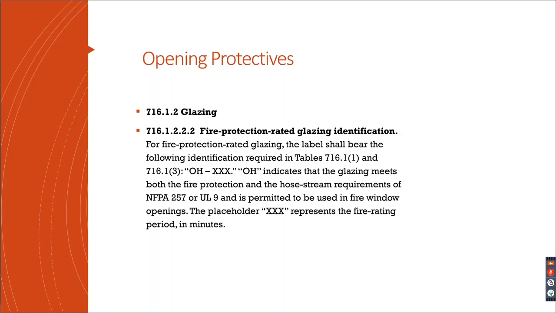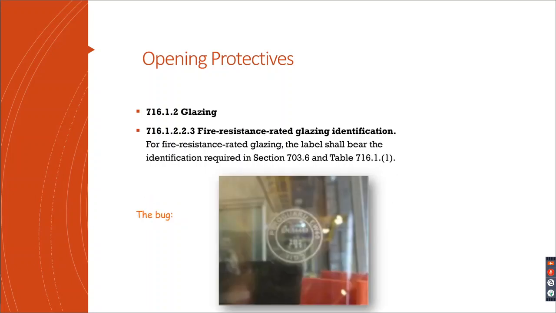OH and then XXX. The O and the H indicate that the glazing meets both the fire protection and hose stream requirements of NFPA 257 or UL9, and is permitted to be used in fire window openings. And the placeholder XXX again represents the fire rating period in minutes.